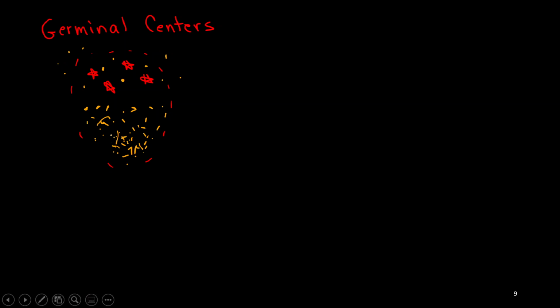This is divided up into two different zones. You have the light zones. Is that blue showing up or is that hard to read? Okay. And the dark zones. The light zones are going to be places where you have the activation of B cells.